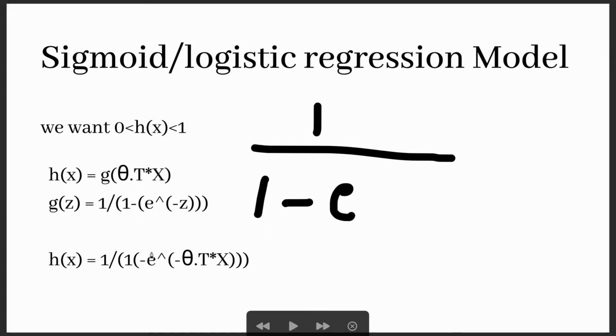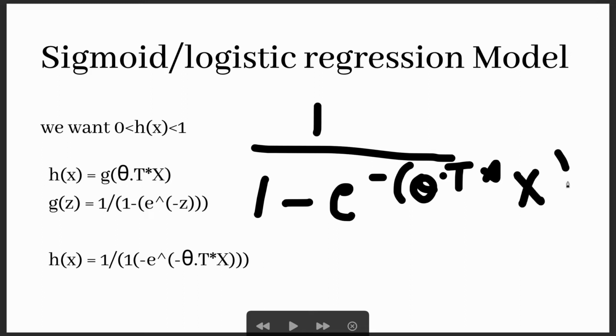Sorry, the bracket will be here, not there. The slide shows the 1 being multiplied by e, but actually it is added. That's a printing error, so I'm showing you the original equation here. That will be minus theta transpose times x. So this will be the final equation, where h of x can be expressed in terms of x and theta instead of using z.